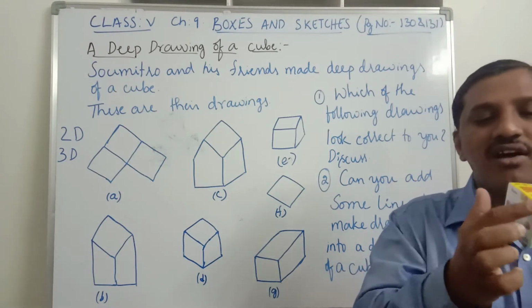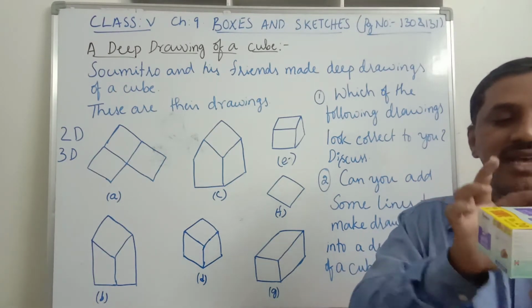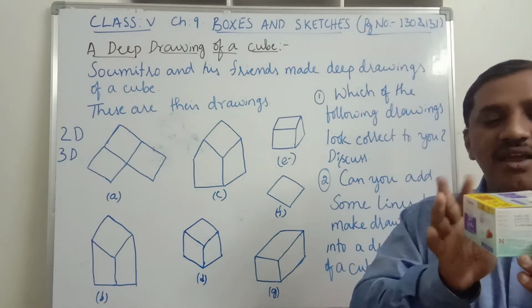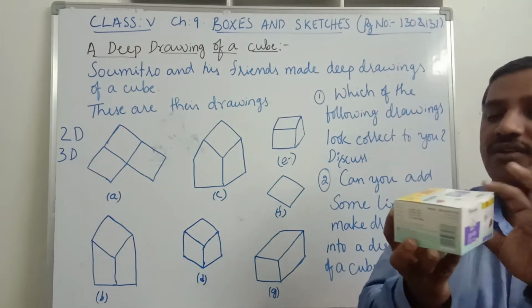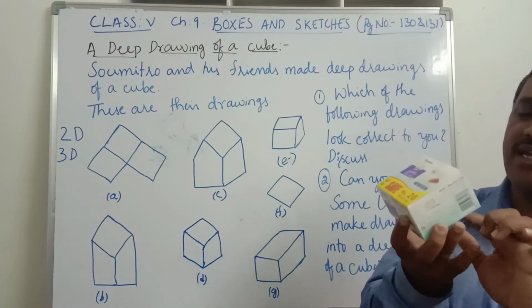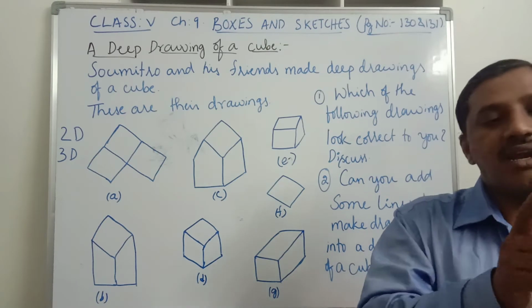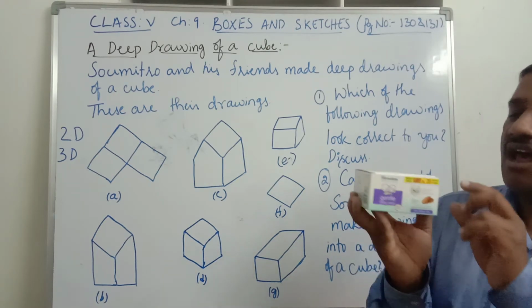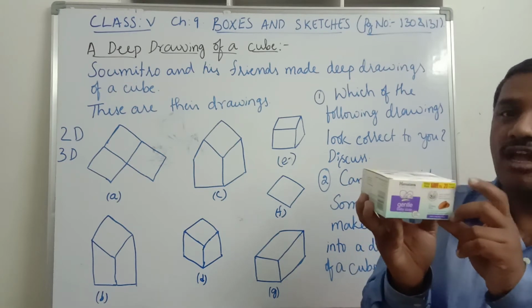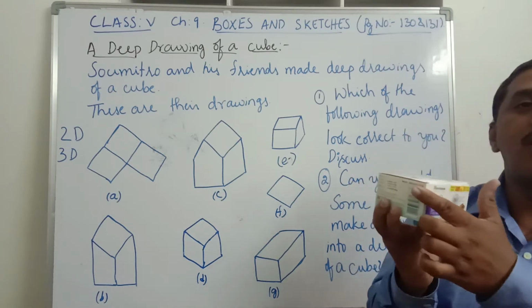And these lines are known as edges. How many edges do we have here? You see 1 2 3 4 and then 5 6 7 8 9 10 11 12 edges are there, and these corners are known as vertices of the cuboid or a cube.